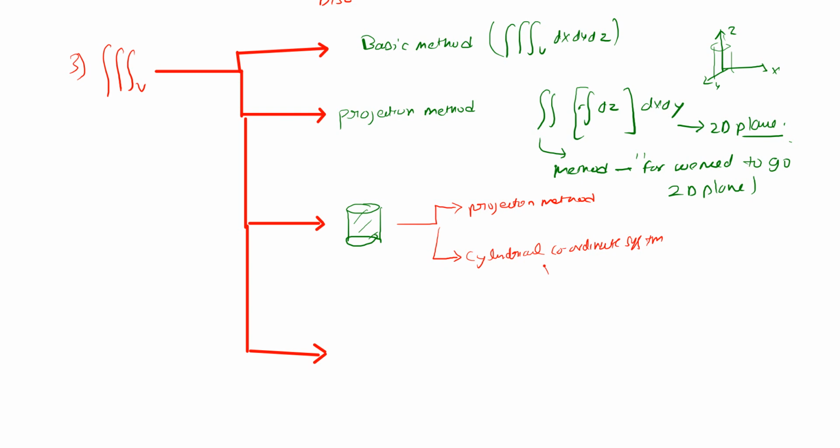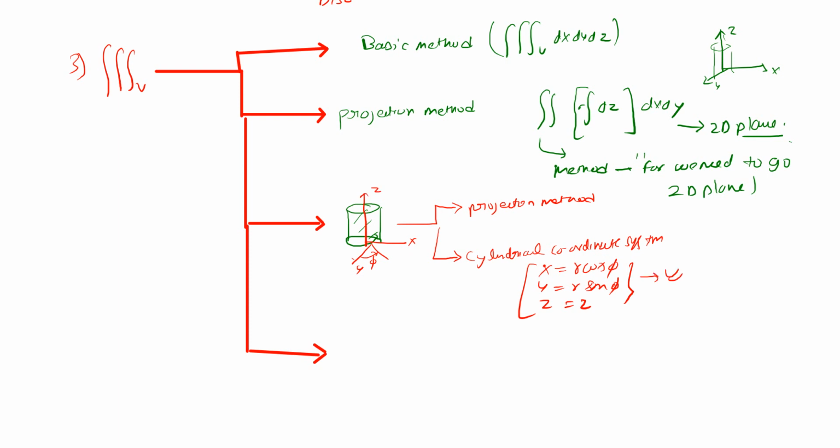In the cylindrical coordinate system, x equals r cos phi, y equals r sin phi, and z equals z. This is the 3D body, and you need to remember this is the phi angle in the xy plane, and this is the z. So we need to go for that.